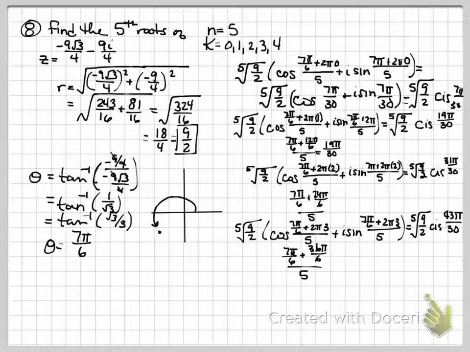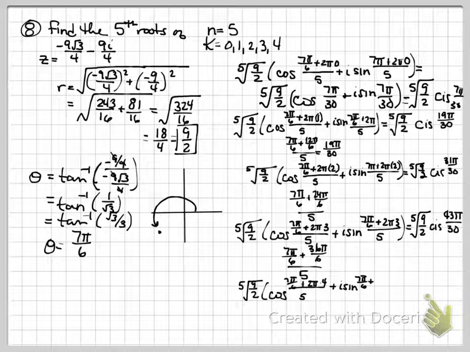The last one. Almost done. We want the fifth root of 9/2 times the cosine of 7 pi over 6 plus 2 pi times 4 all over 5, plus I sine of 7 pi over 6 plus 2 pi times 4 all over 5. Okay, so let's add our angle together.